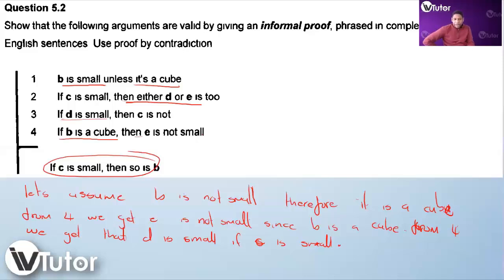We also see from 3 that if D is small, C is also small.